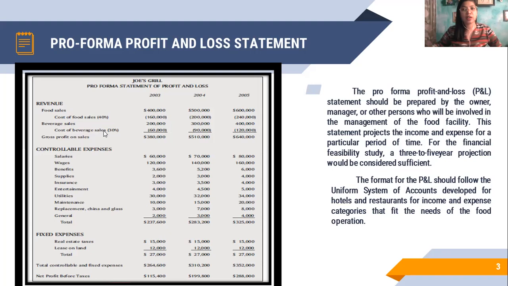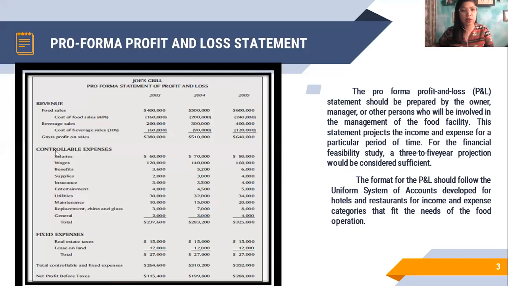So you can use the following percentages of food cost. Okay, and then for the food sales, you deduct the cost, and the beverage sales, deducting the cost as well. Okay.